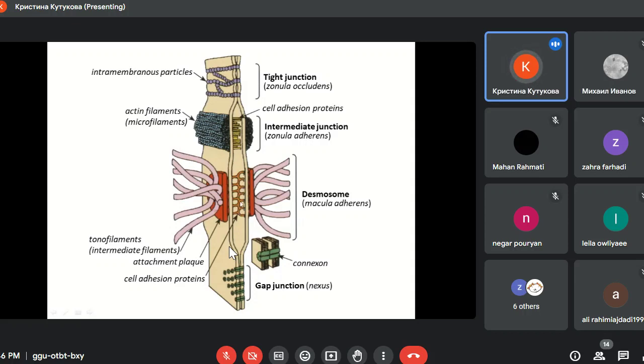And here they are attached to each other, making this junction between the cells. And gap junction, or nexus, is composed of the ion channels that enable passage of ions from the cytoplasm of one cell through this channel, which is called connexon, to the second cell.